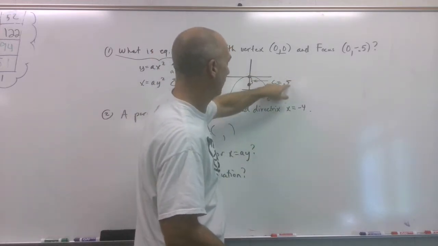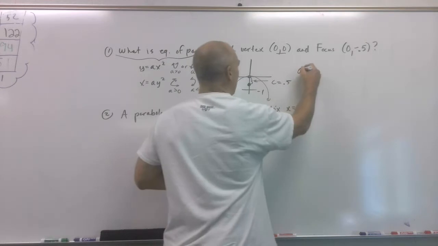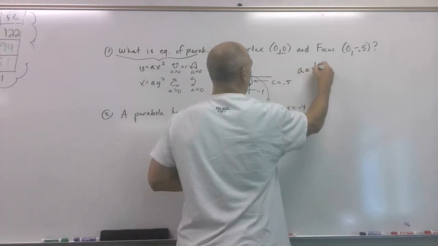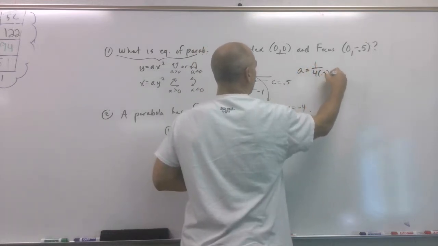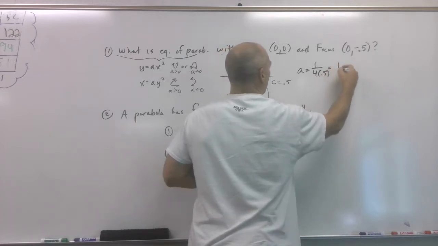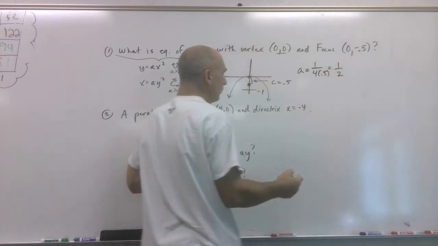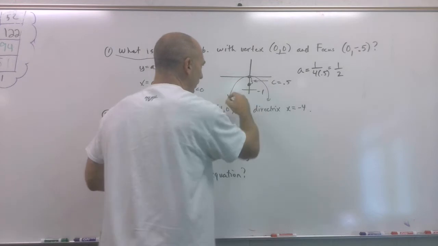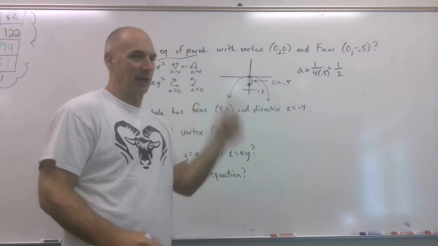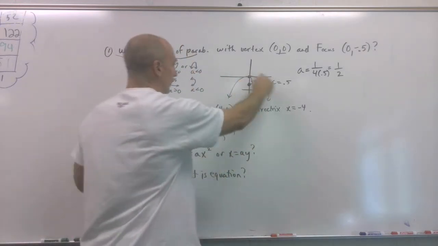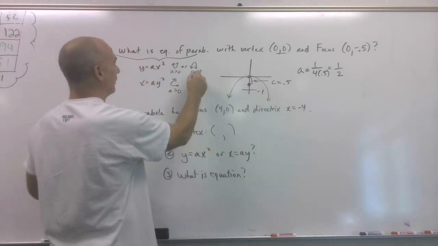It's still 0.5. So with all that being said, A equals 1 over 4C, and that would be 1 half. We also know it's down. Now here's the trick. Gotta listen. This is down, which means A is negative.